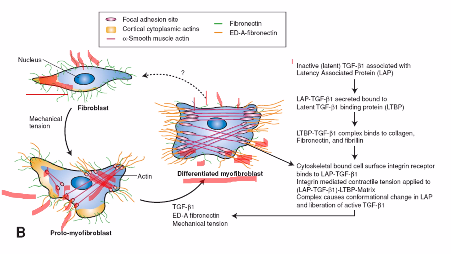Over here, this column is showing the transforming growth factor beta activation pathway. Here, the latent transforming growth factor beta 1 is produced by a cell, secreted, and bound to latent transforming growth factor beta binding protein.